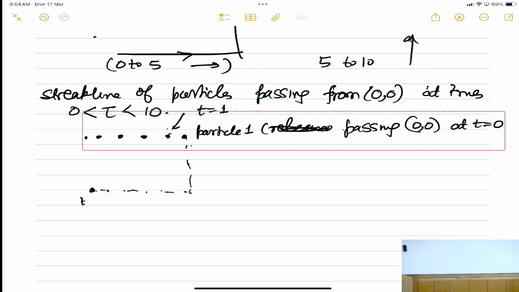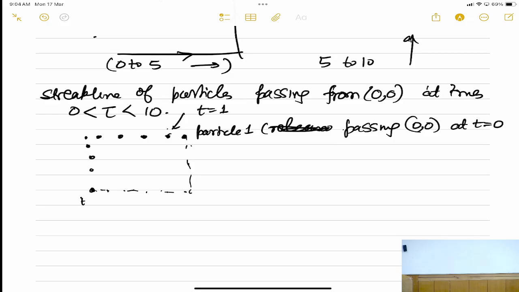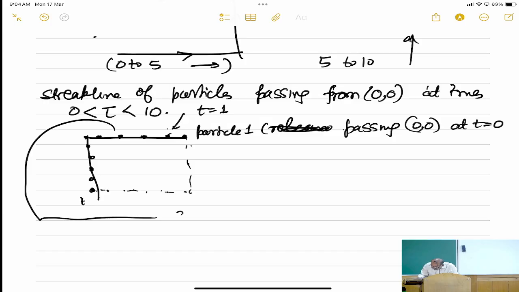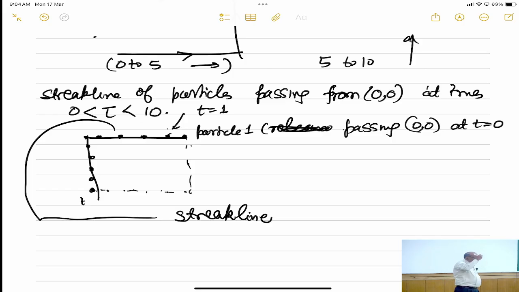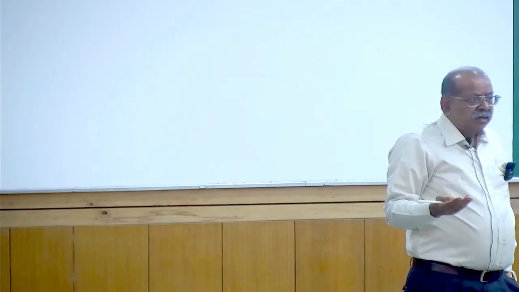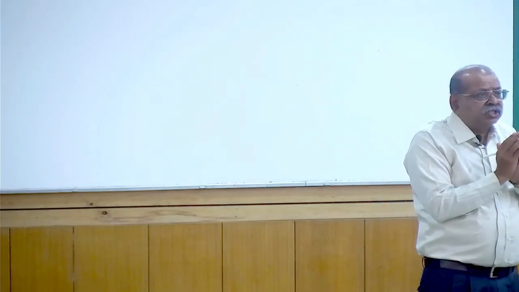And this gives us the streak line. You can clearly see the streak line is not the same as the path line. And what has caused this change?